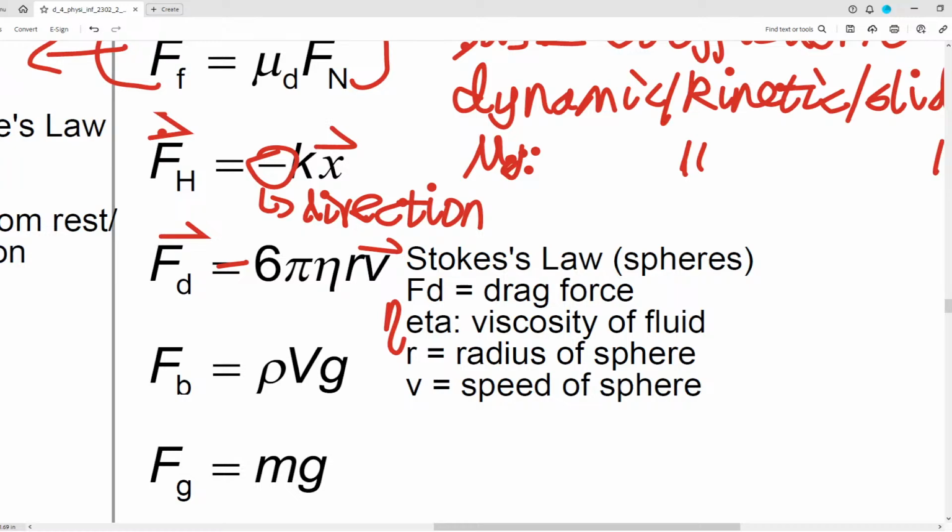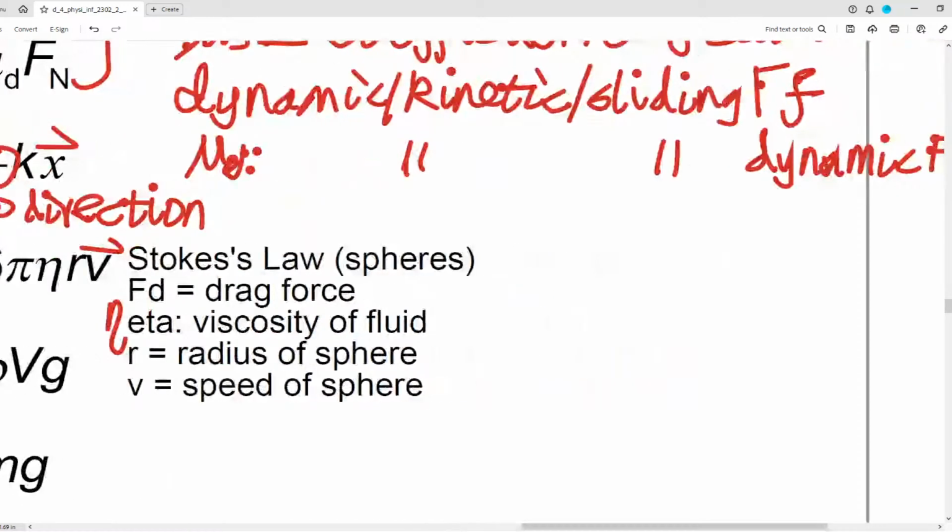The most interesting thing relating to the drag formula is the concept of terminal velocity. When FD is equal to gravity, you won't fall any faster.